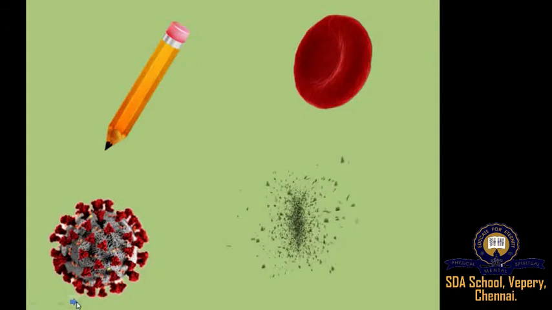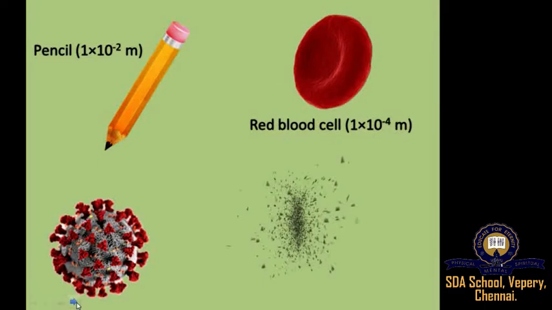To understand the size of an atom, now let us find what is the size of known things like pencil, red blood cells, virus and dust particles. Pencil is 1 into 10 raised to the power minus 2 meter. The size of red blood cells is 1 into 10 to the power minus 4 meter.